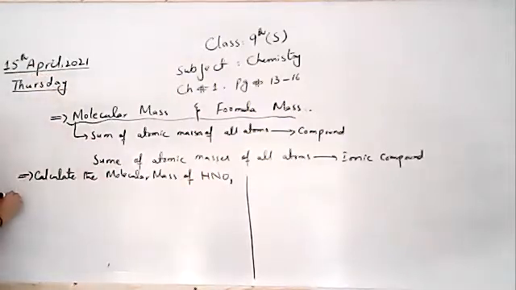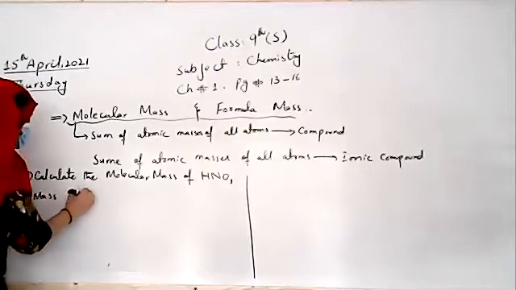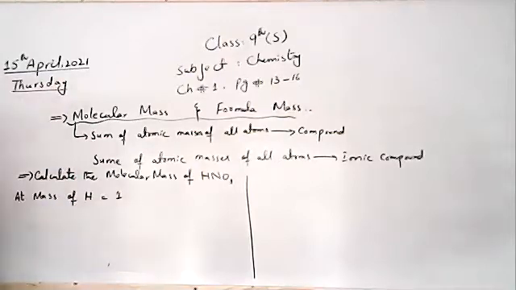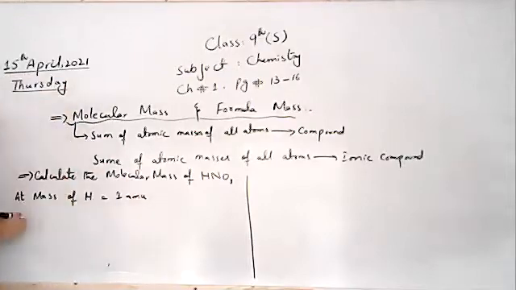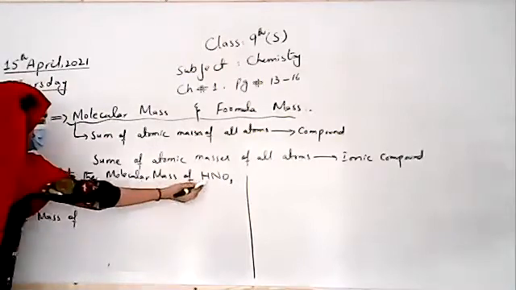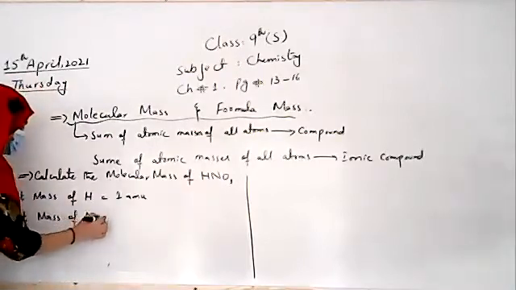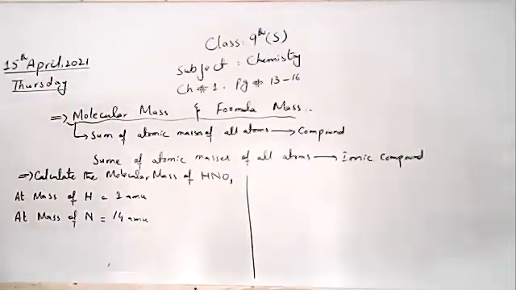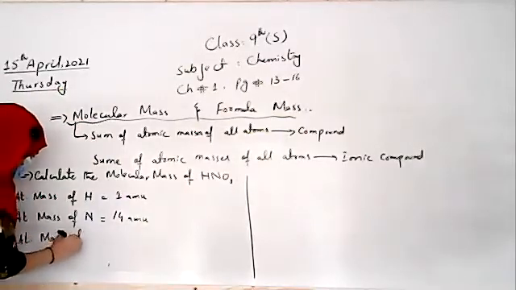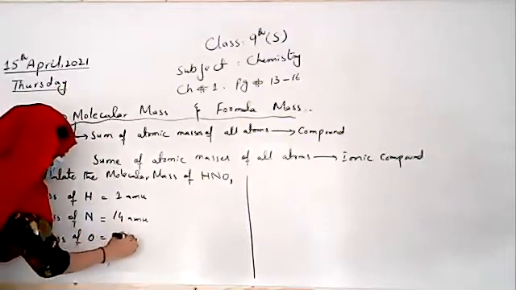The atomic mass of hydrogen, as we know, is equal to 1 AMU, its unit. Then the atomic mass of nitrogen is 14 AMU. Now the third, the atomic mass of oxygen is equal to 16.